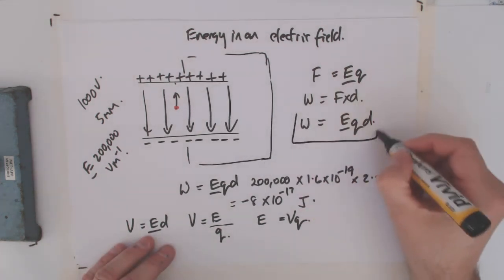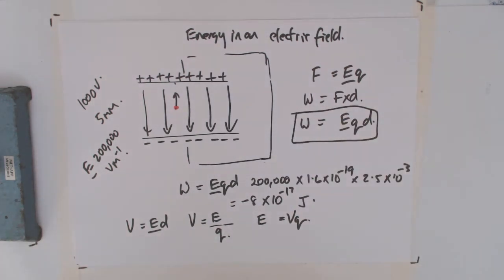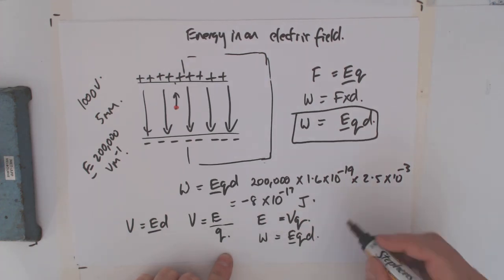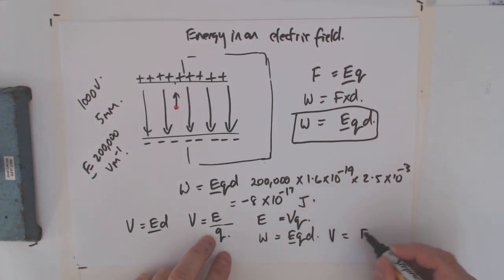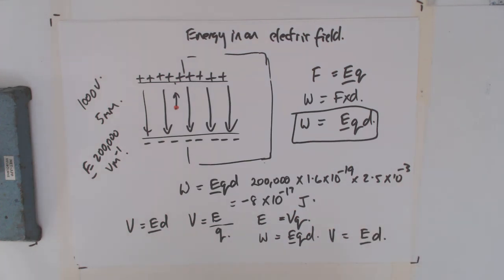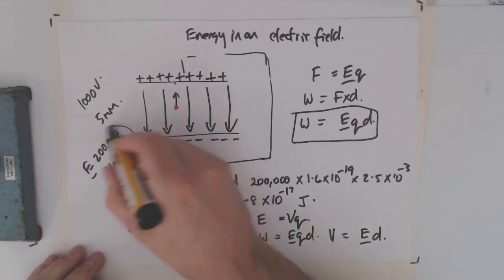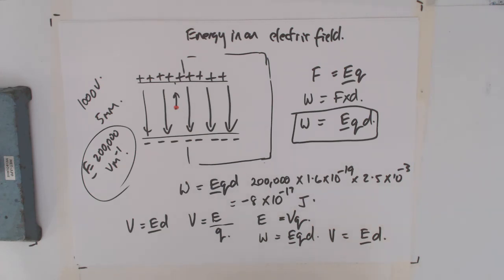But we just said that work is equal to EQD. So if we say that work is equal to EQD, then V must be equal to ED, which is what we used initially to calculate the value for the electric field. So there we go, energy in an electric field.